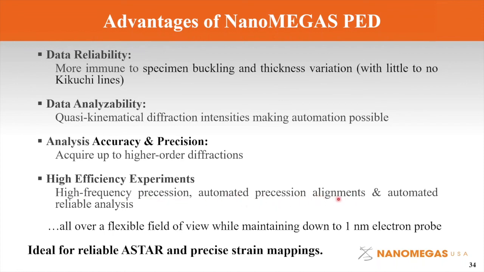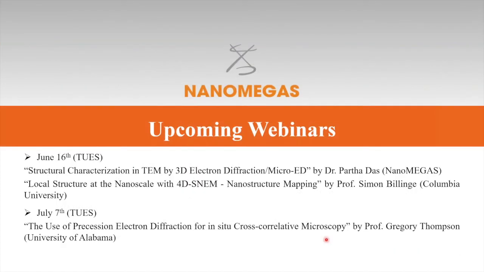This also guarantees the high spatial resolution and also automated data analysis. And all of those can be done over a flexible field of view while maintaining a pretty fine probe. So this makes the ideal data for reliable orientation, phase mapping, or precise strain mapping. So with that, that concludes my presentation today.